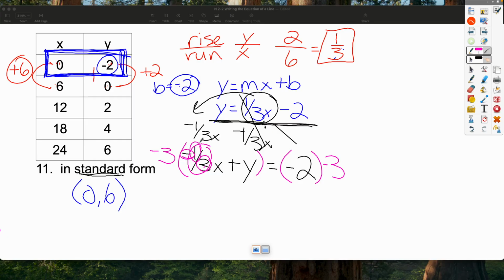So we'd be left with whatever's up top, 1x. Then negative 3 times my y, minus 3y. And on the right, negative 2 times negative 3. A negative times a negative is a positive. 2 times 3, 6.